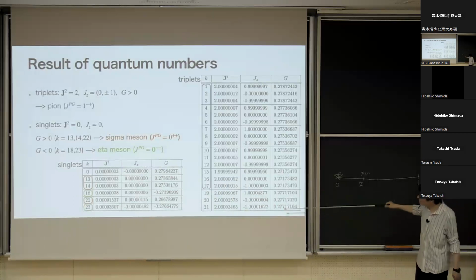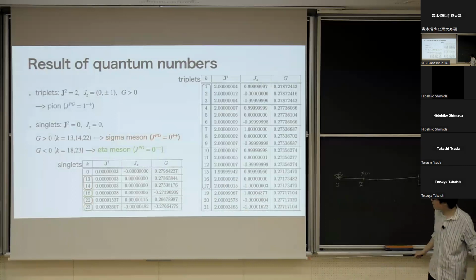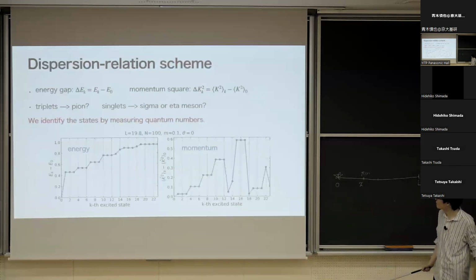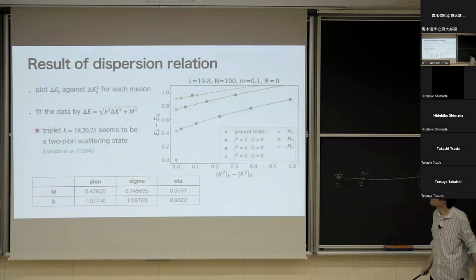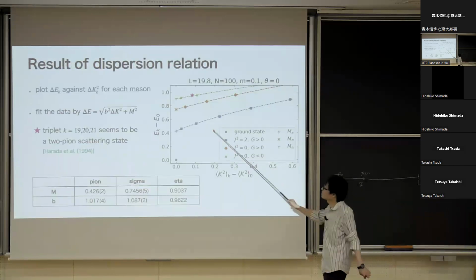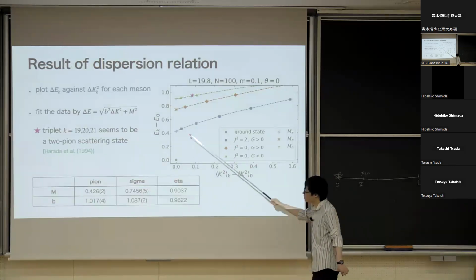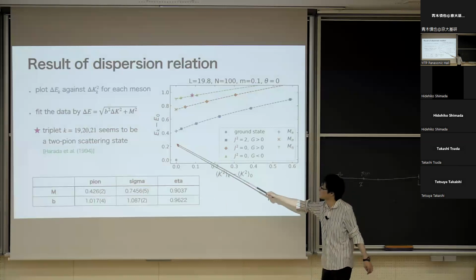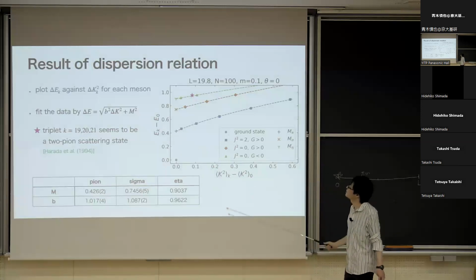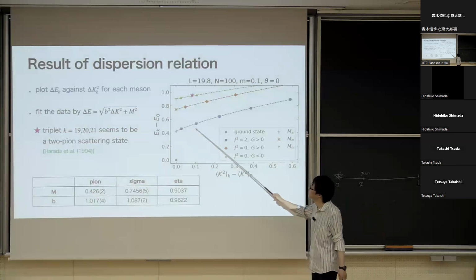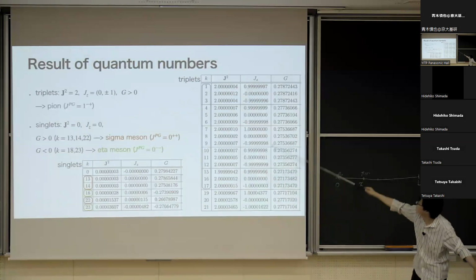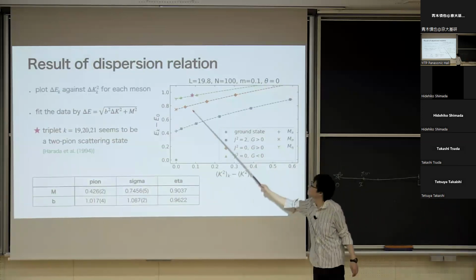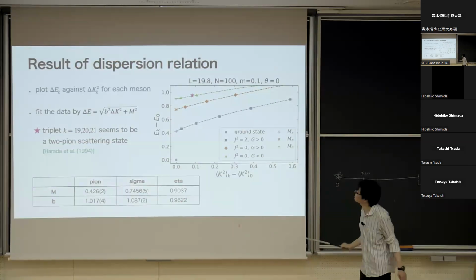And as Alex pointed out, 19, 20, 21 have the same quantum number as pion, but the momentum is much lower than the other pion states. So for each meson state, we plot the energy against the momentum square k square, and we obtain this plot. This blue square corresponds to pion states, and the orange one corresponds to sigma meson.